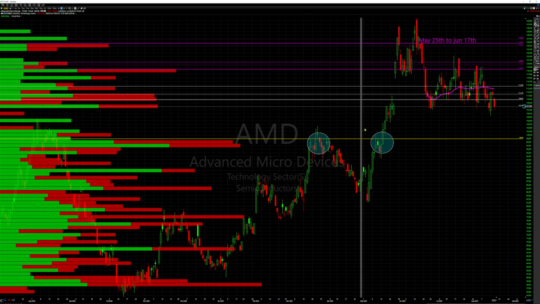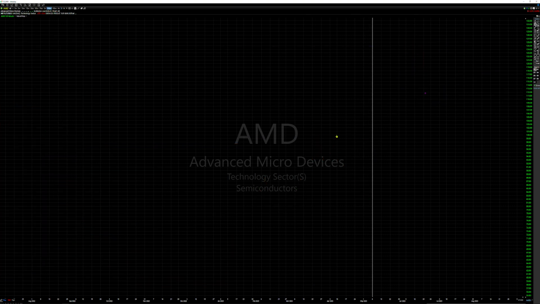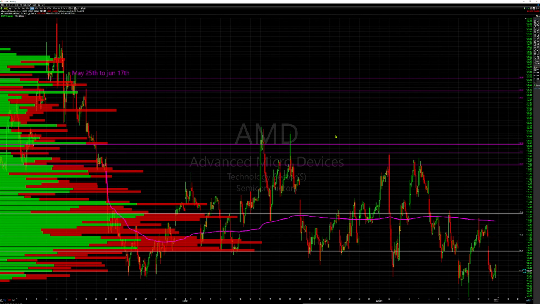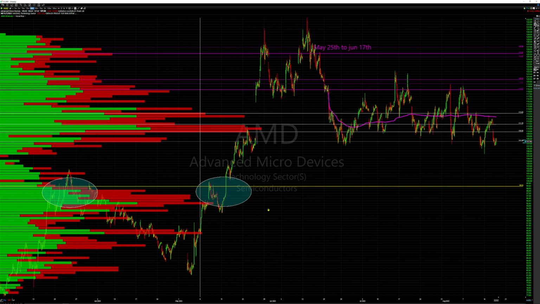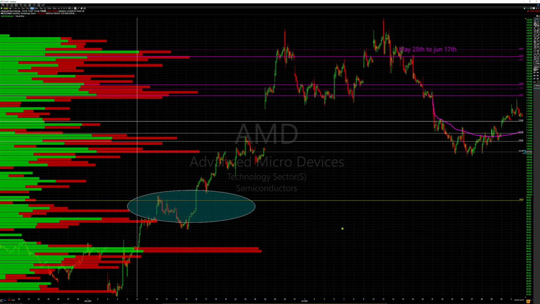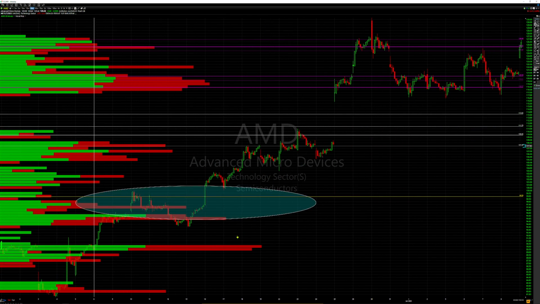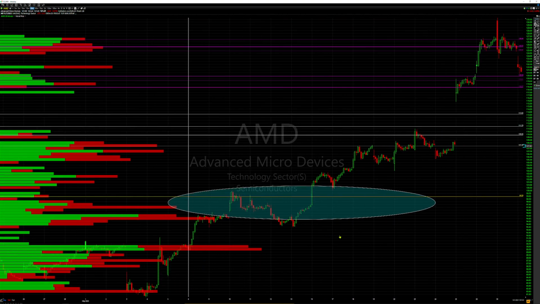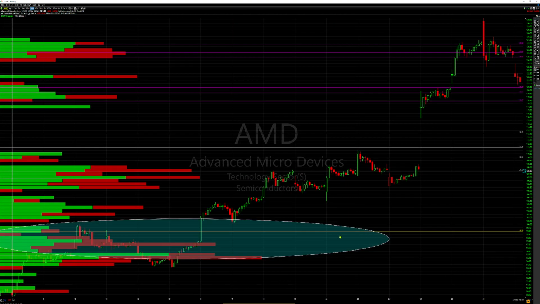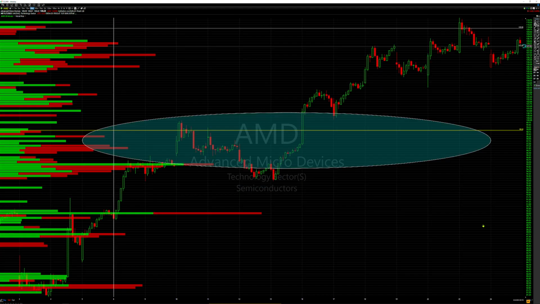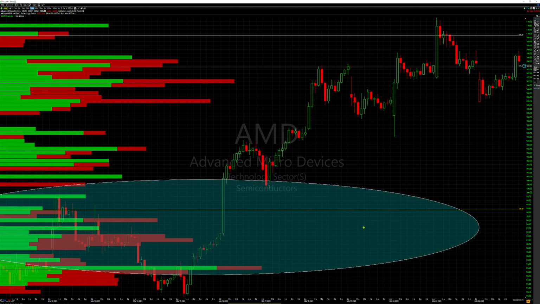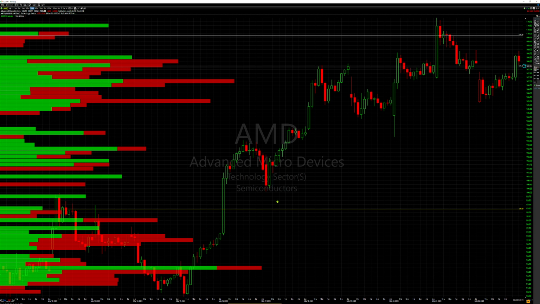So let me move this forward again and see how close I can get. Can I get on the 15? No, I have to use the 30-minute. So using the 30-minute chart, let's zoom into these guys and see where they are. Okay, let me get rid of this.